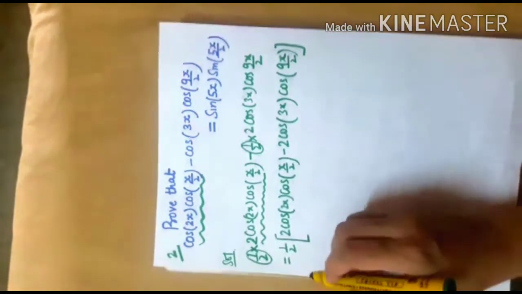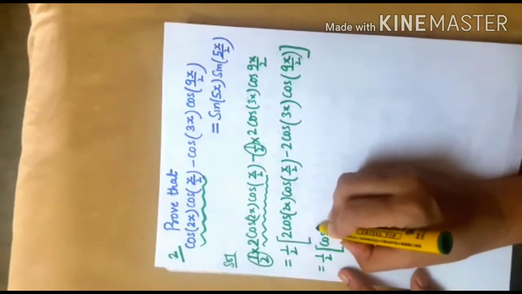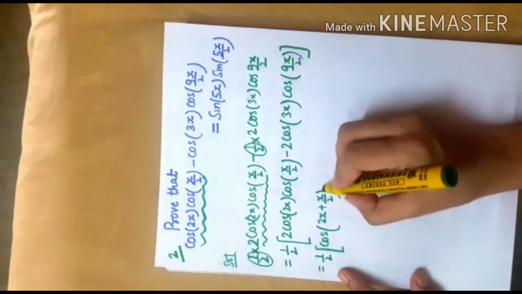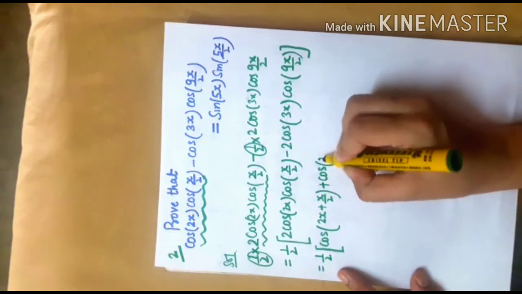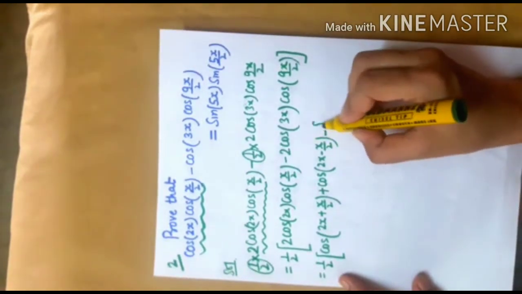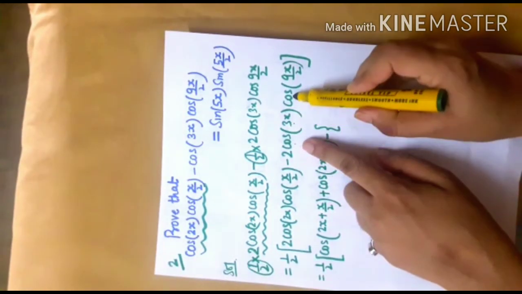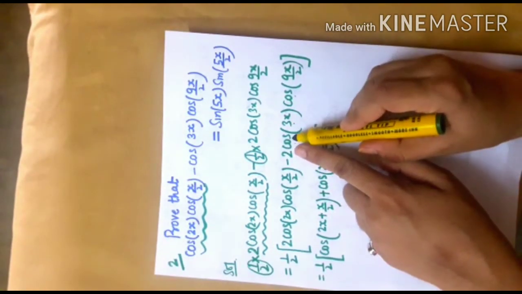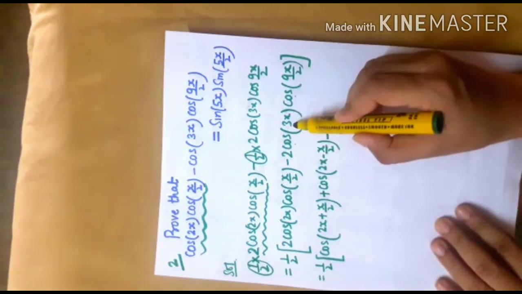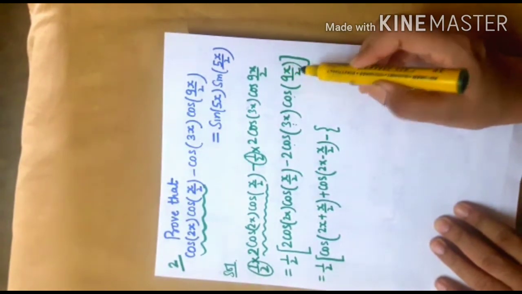So I apply here. It is 1 by 2 cos 2x plus x by 2 plus cos 2x minus x by 2, minus. Similarly here, it is also 2 cos x cos y. So it will be equal to cos x plus y plus cos x minus y. Role of x is being played by 3x and role of y is being played by 9x by 2.